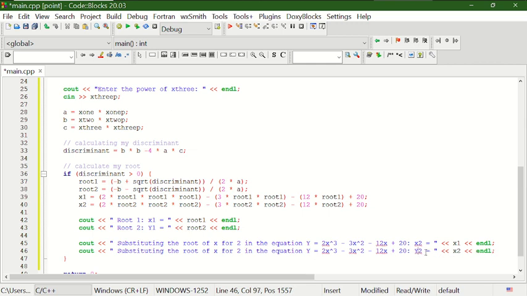Or should we use capital? Okay, let's use capital.